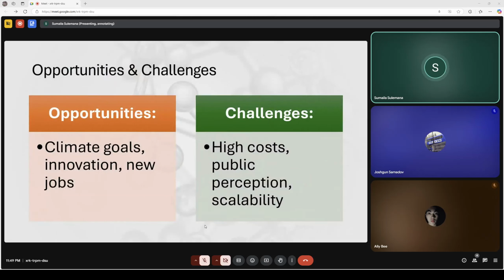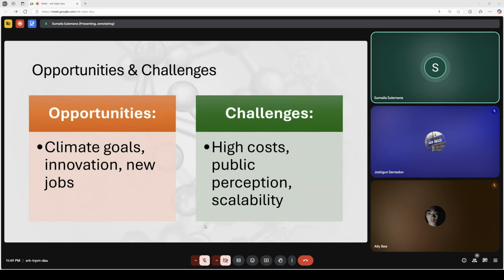So, what are some of the opportunities and challenges we may face? This is not an exhaustive list; it just highlights some of the key opportunities and challenges in the industry as a whole. The opportunities are there: there are climate goals we need to meet, like those set by the Paris Agreement and the IPCC.